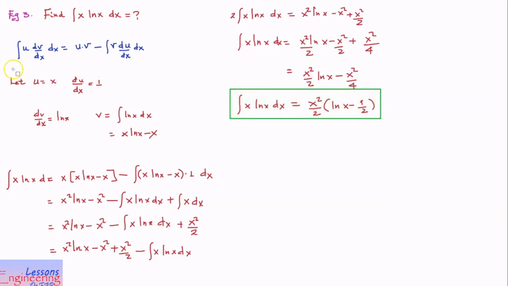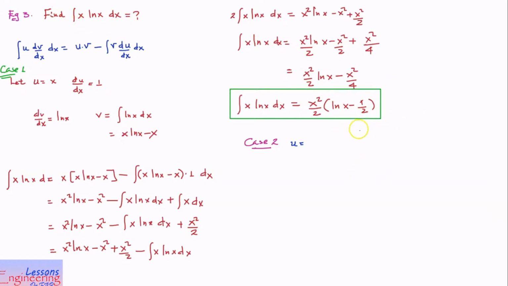Let's just call this case 1. So in the second case, case 2, we'll be assuming this time u to be not x but ln x. Remember, that is our original problem.